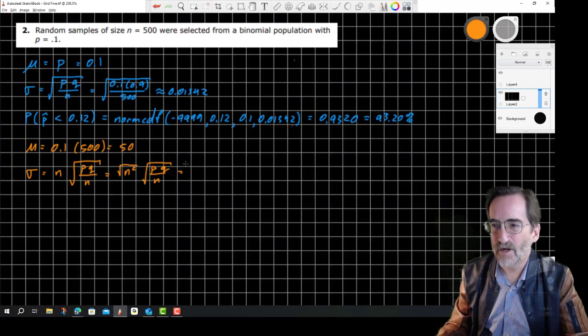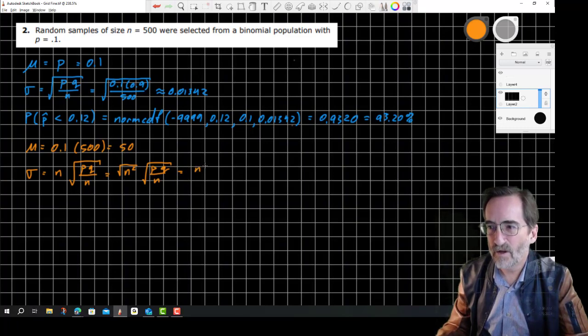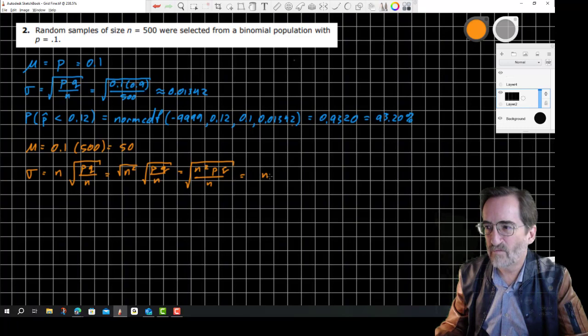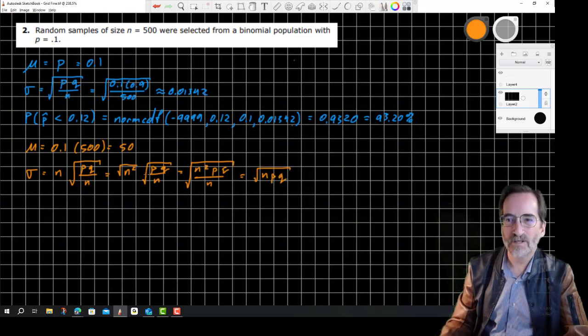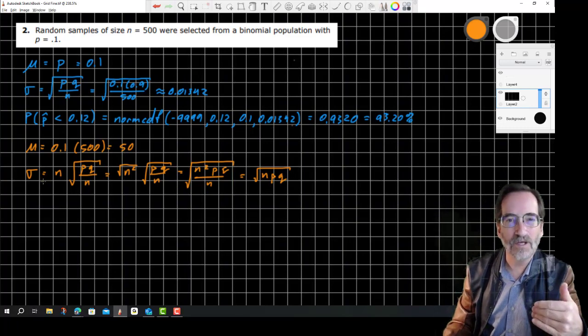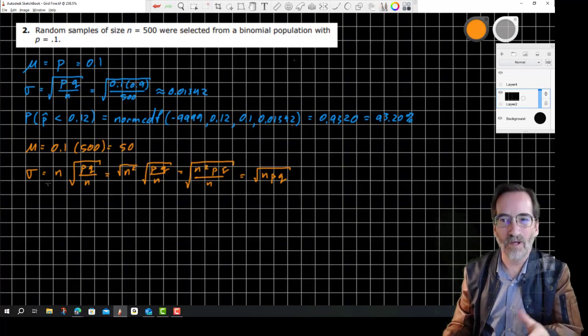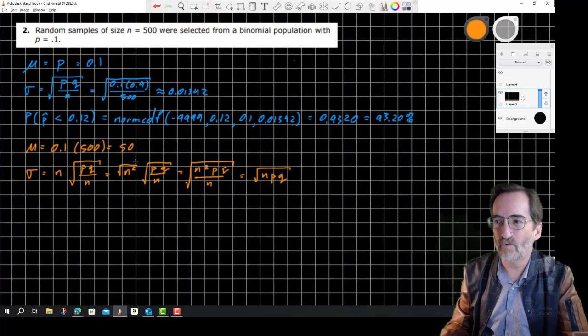And just to demonstrate how this works, you can combine the multiplied square root, n squared PQ divided by n, in the square root, simplify, the square root of n PQ. And that's why the formula looks like it does when you find the standard deviation of the sum of the wins instead of the ratio of the wins.